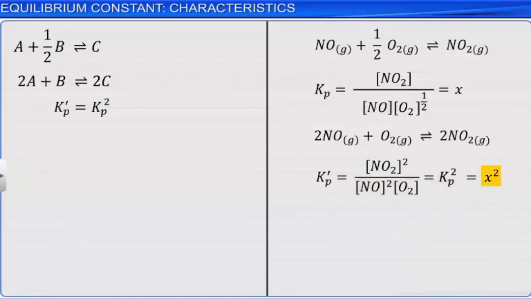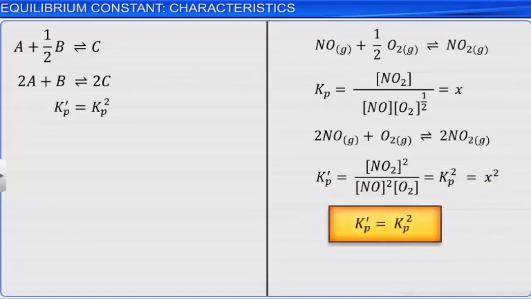Thus, you can say that the equilibrium constant for the second reaction, Kp dash, is equal to the square of the equilibrium constant of the first reaction.